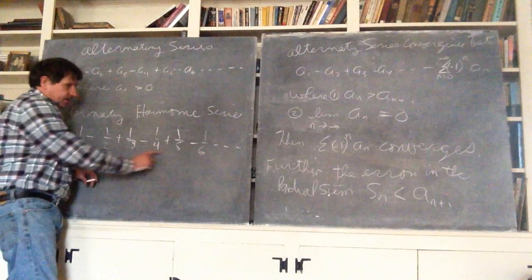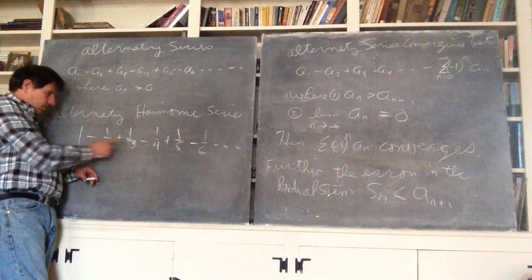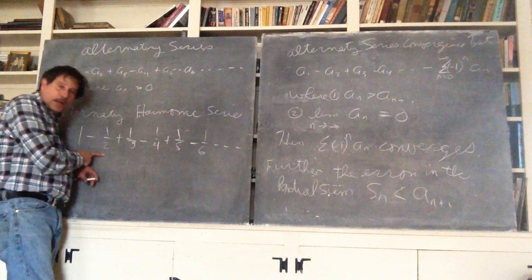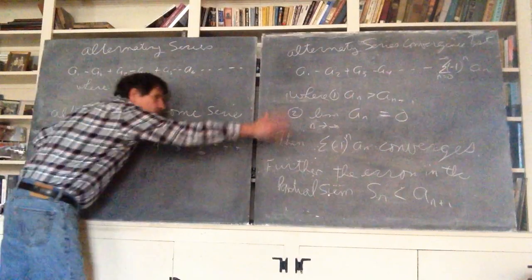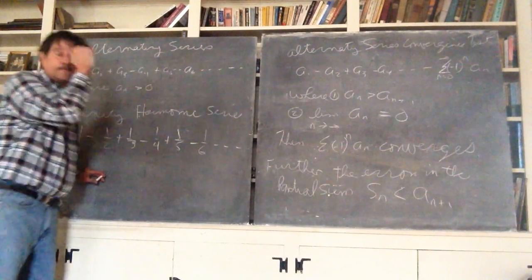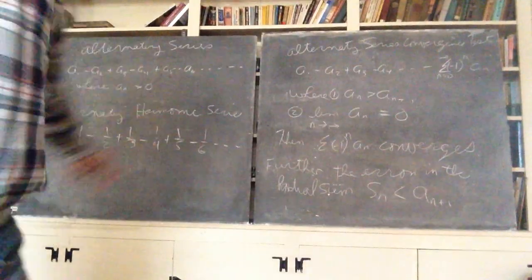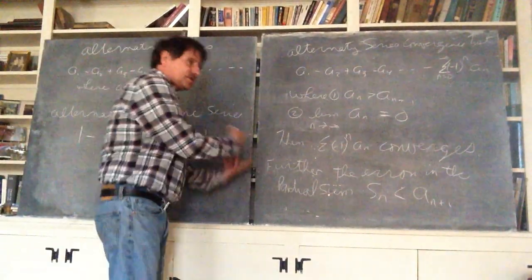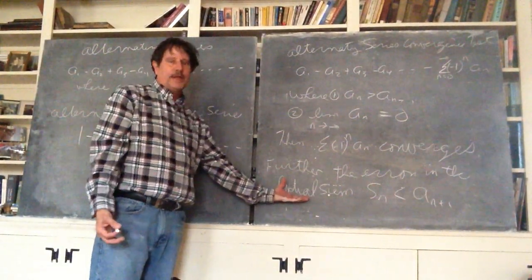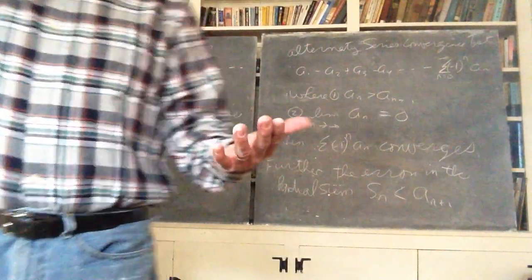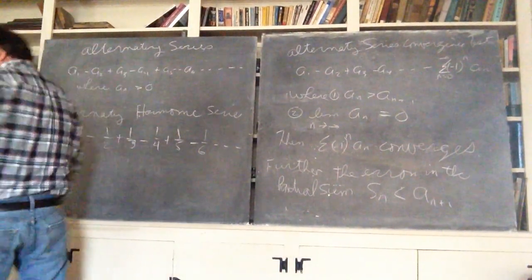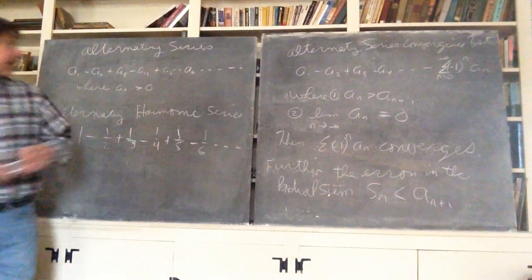If I was to add these 5 up right here, the error in the actual sequence is less than 1/6. That's what that's saying. It's powerful. You could start with the error and determine how many terms in the series you need to get less than that error.